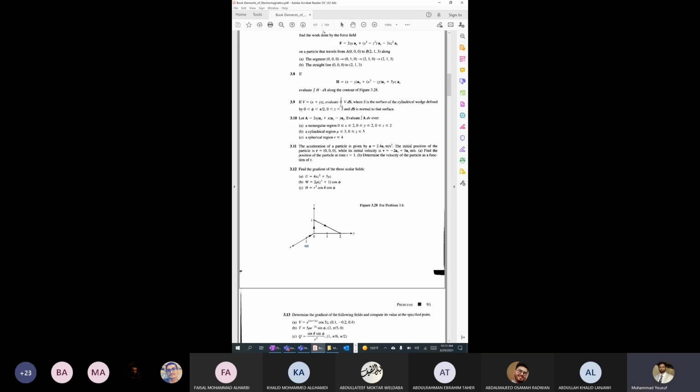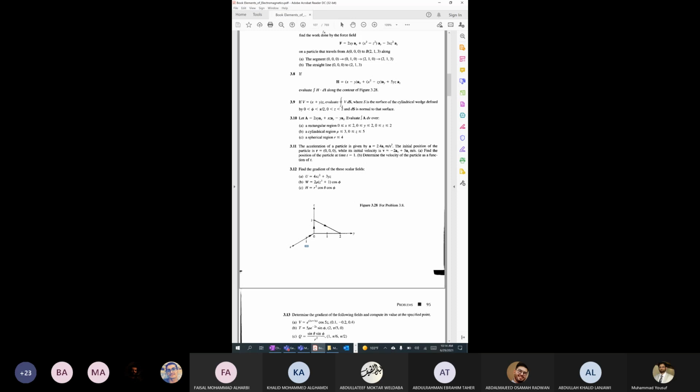Okay. Let us see how we can solve this question. S is the wedge defined by these limits, and dS is normal to the surface, so the surface element for the cylindrical coordinates. Here, how much is the radius of this cylinder? It is not given here.